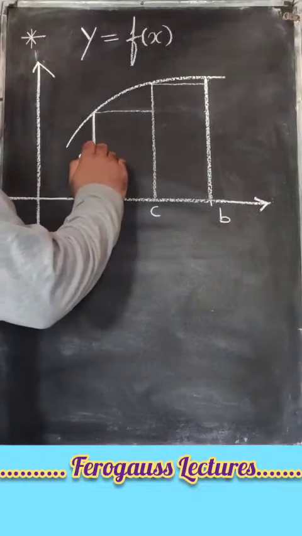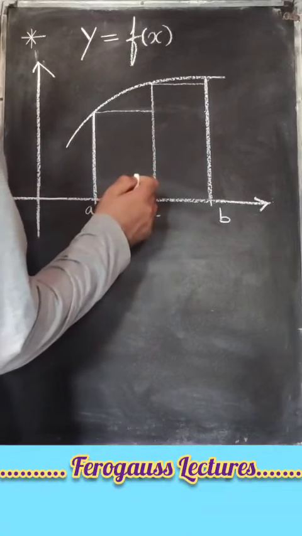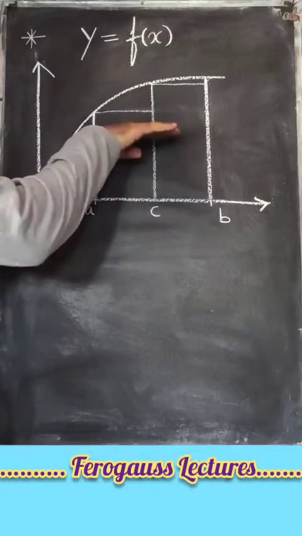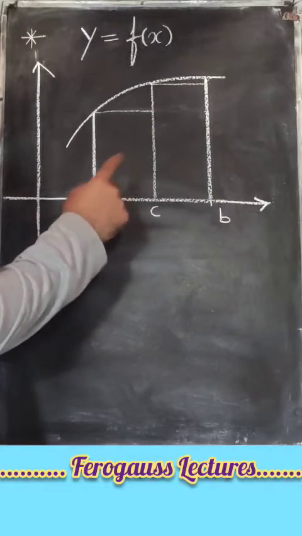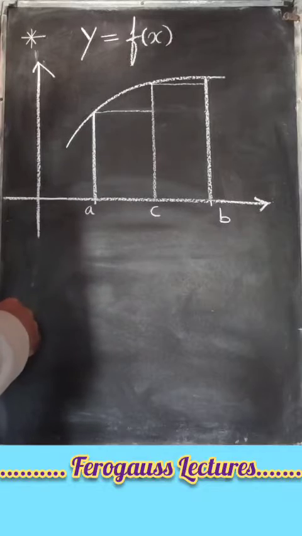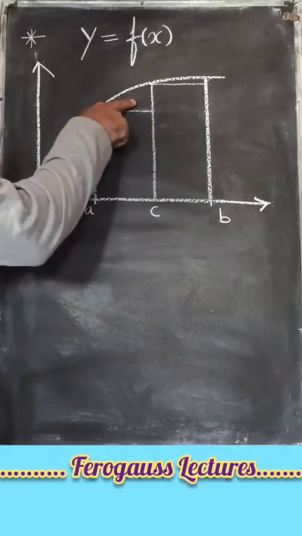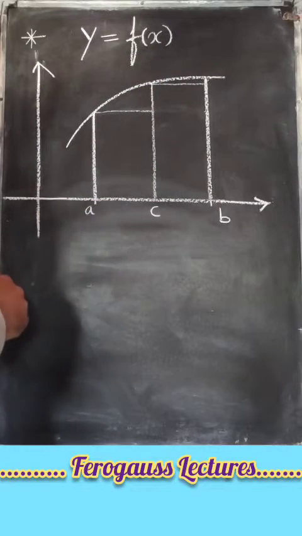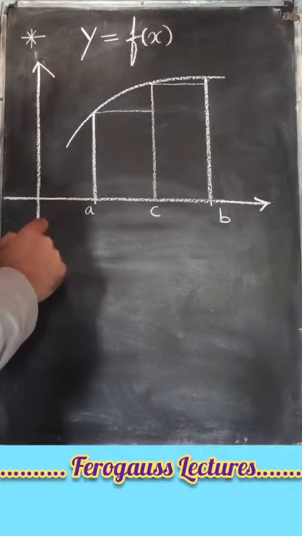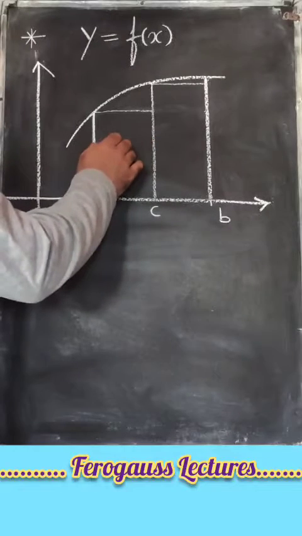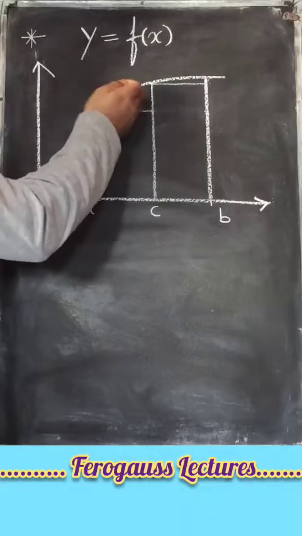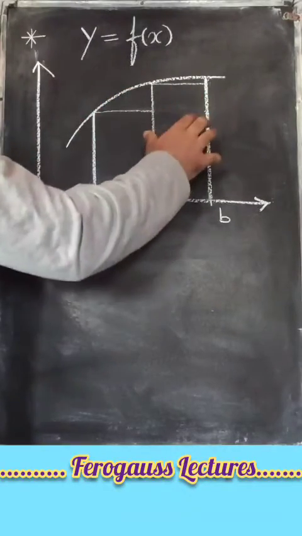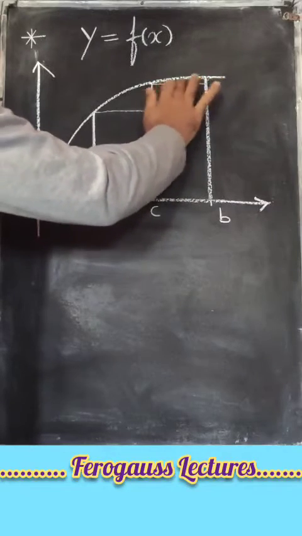Clearly, the summation of areas of these two rectangles is better approximation for the area under curve between two given points a and b than area of one rectangle. Although there is some area left outside these rectangles, but this area is much less than the area that was left in case of one rectangle. If we increase the number of rectangles, then the area left outside these rectangles will definitely decrease. Now instead of two rectangles, we take n rectangles.